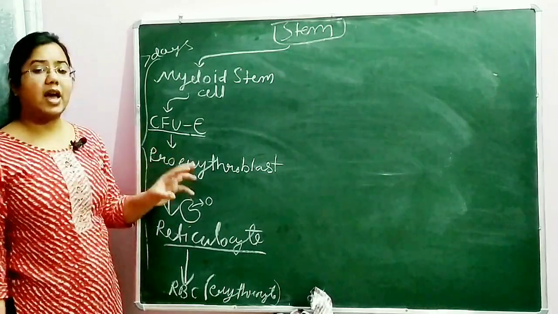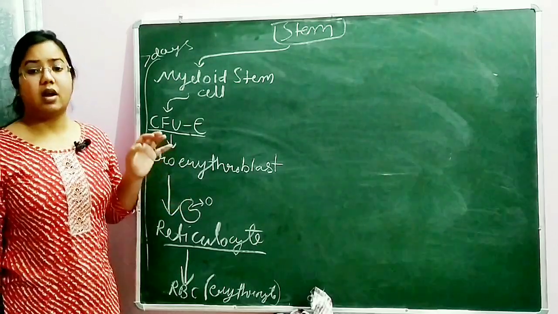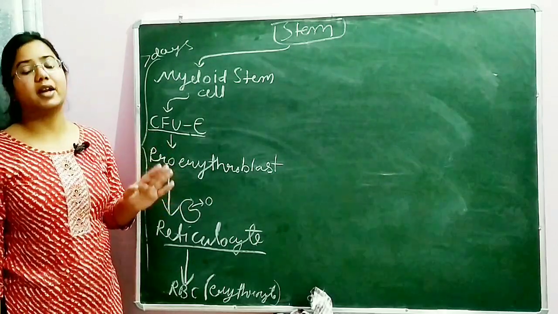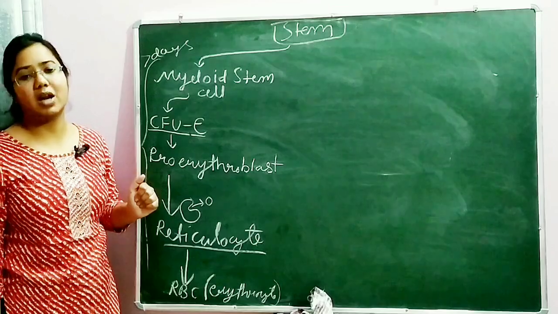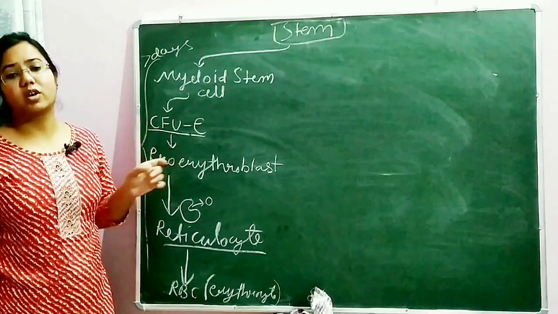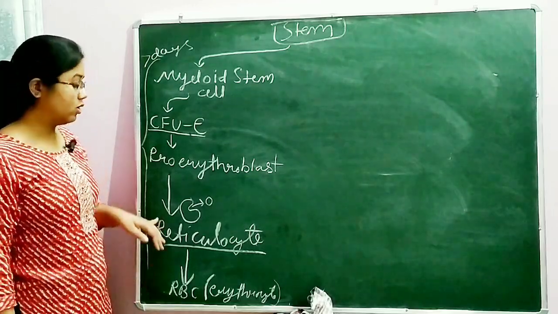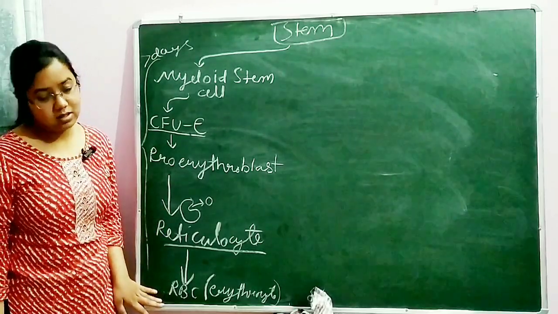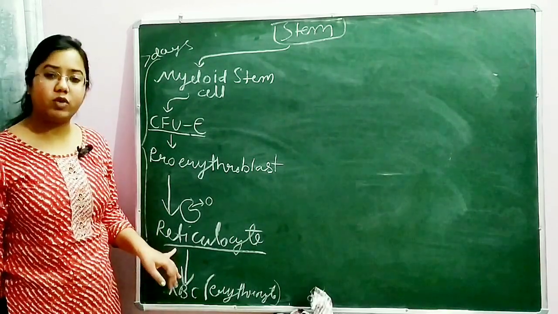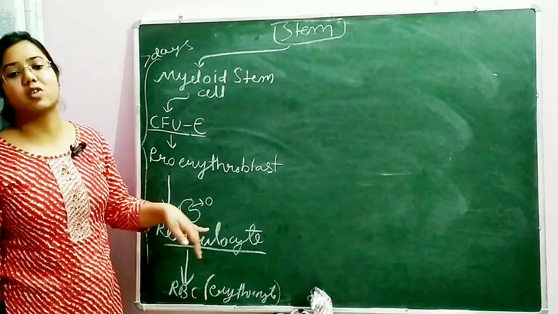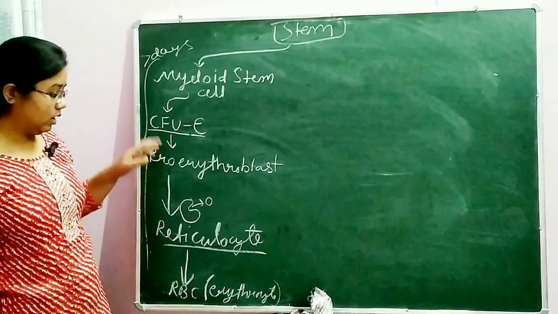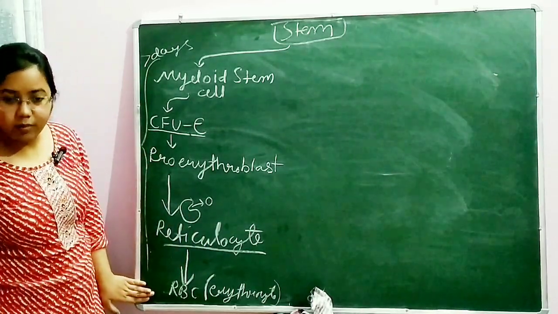In this, megaloblasts are formed which are fragile, and their lifespan is about 40 to 50 days, while normal RBC lifespan is about 120 days. So anemia happens if there is a deficiency of vitamin B12 and folic acid. In this way, RBC is formed.